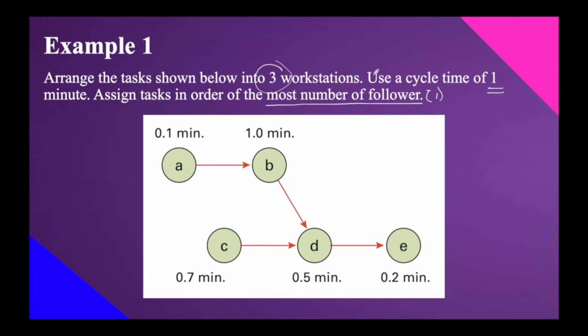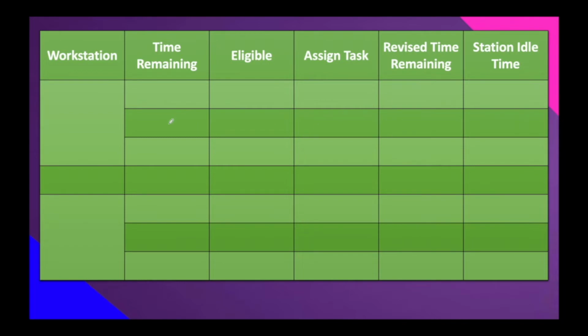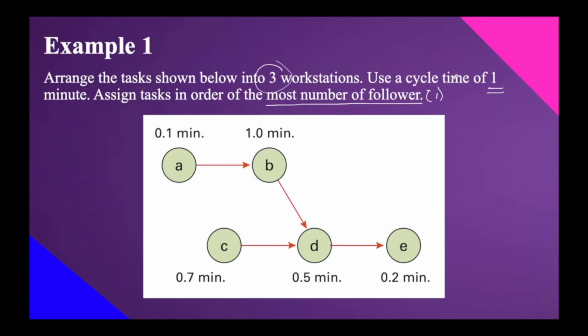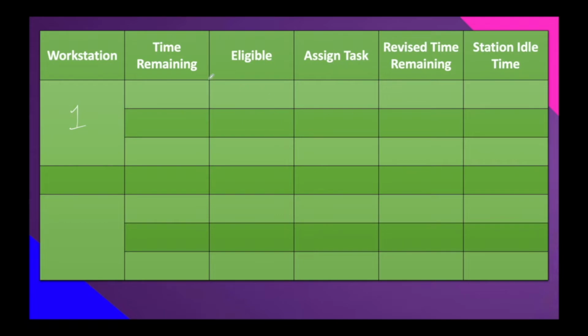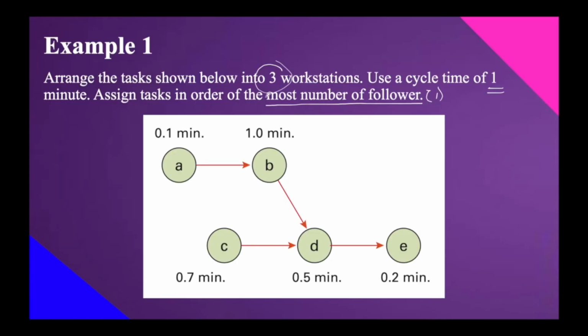Okay? So, let's start our solution. Now, let's have our first workstation first. Okay? Our first workstation. For the time remaining, di ba sabi we should always have a 1 minute cycle time per workstation. Okay? So, meaning we have here 1 minute. Okay? And our eligible, since our heuristics says that we should assign tasks in order of the most number of followers, therefore, we should start with our letter A. Dahil siya yung isa sa pinakamaraming followers.